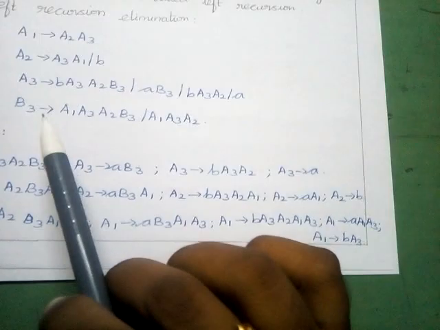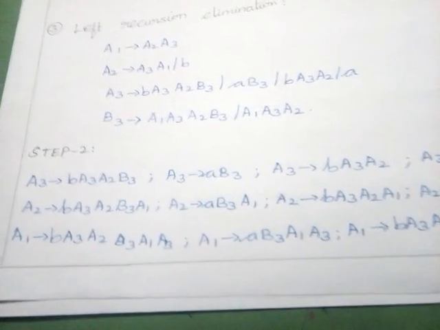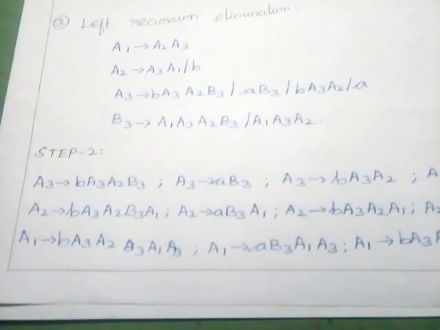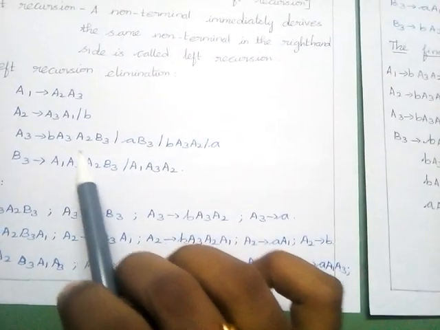In this problem, here we are deriving a new production called B3. Now A3 is in GNF format.